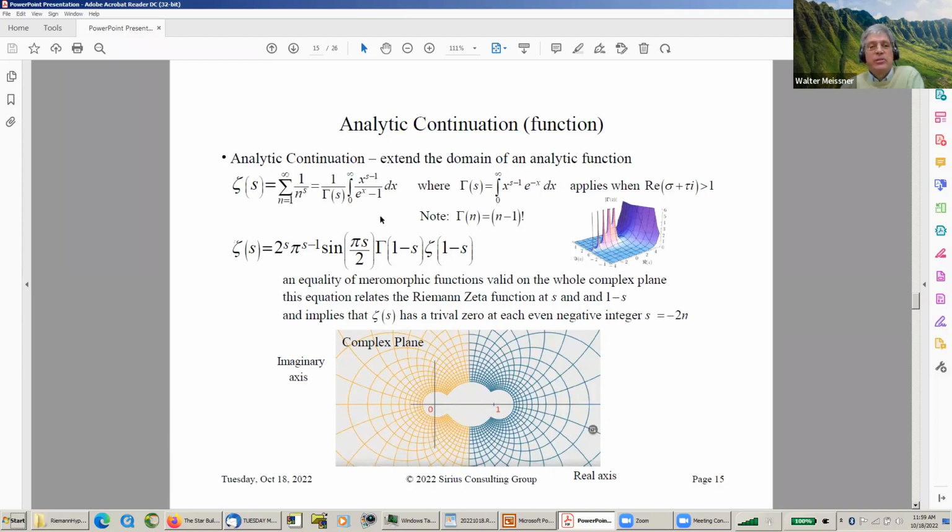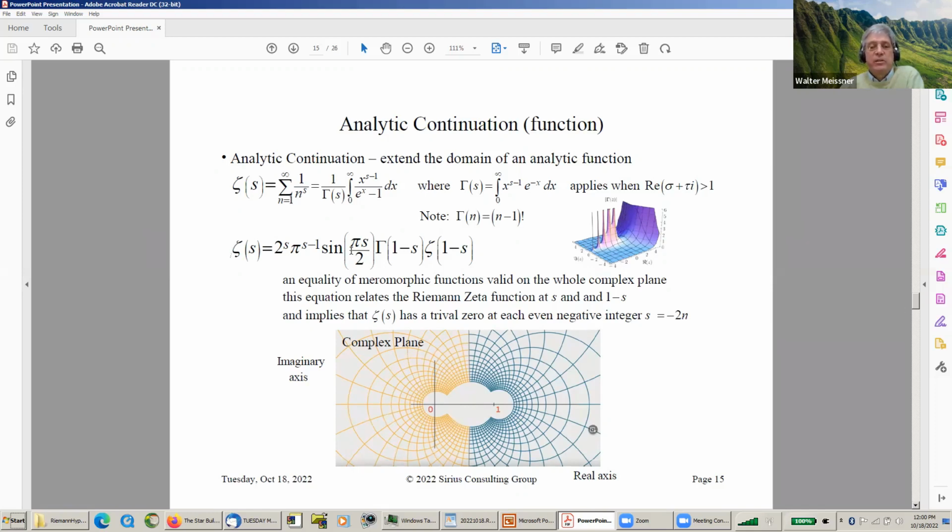If you take minus 2n and plug it into the argument of the sine, you'll get minus pi, minus 2 pi, minus 4 pi. And this is exactly where sine is equal to 0. So these are called the trivial zeros, and these are not the zeros that they're looking for.